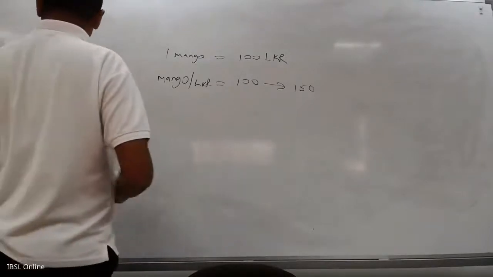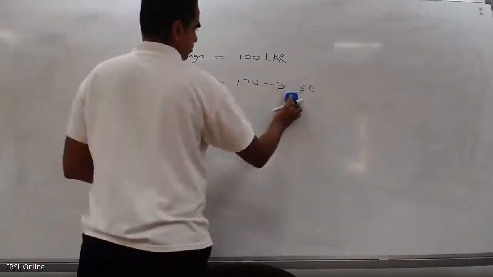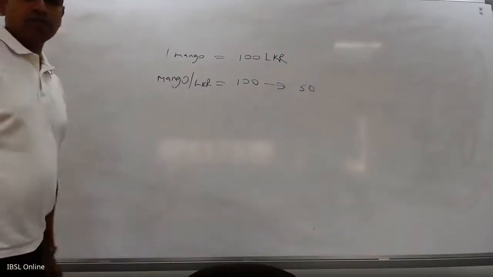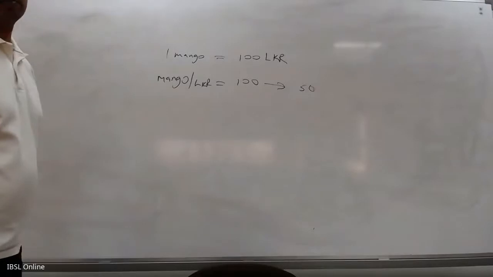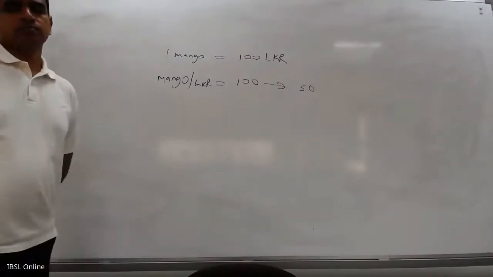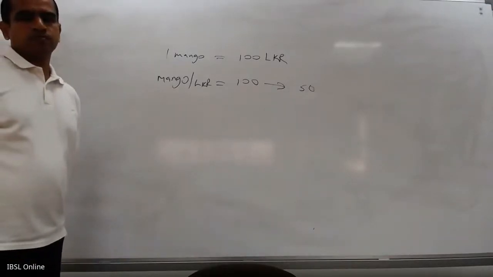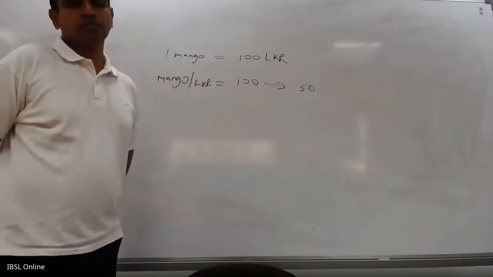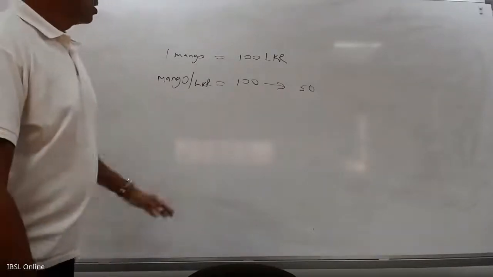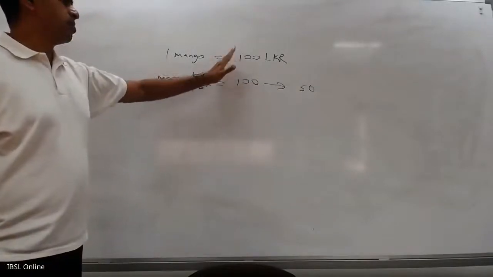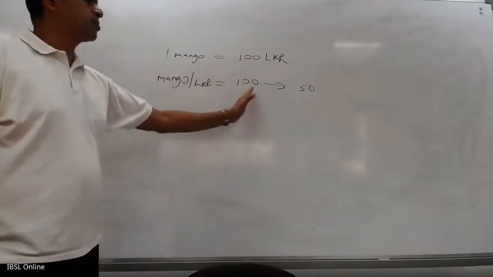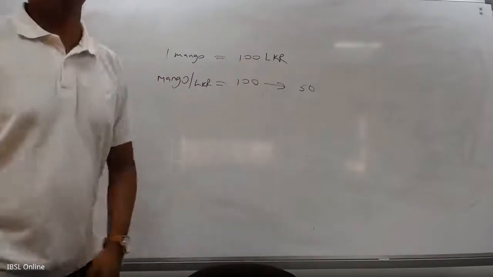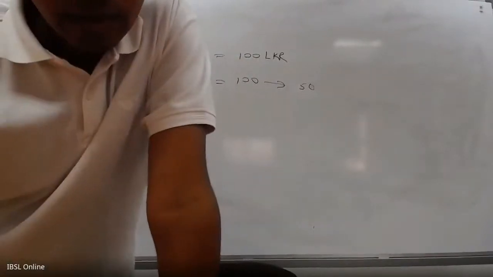But if it goes not to 150 but to 50, then the mango has strengthened or weakened? Weakened. Okay. So if the price goes up, that means the base currency has strengthened. If the price comes down, it means the base currency is weakening. Right?